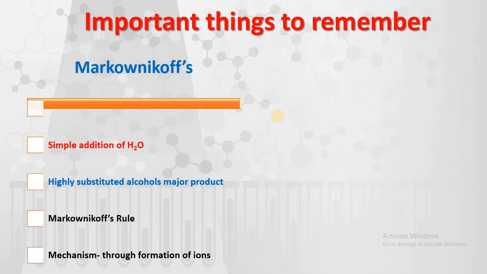Then the mechanism is due to the formation of ions. So what is Markovnikov's rule? According to Markovnikov's rule, the negative part of the substituent is attached to the carbon which contains fewer hydrogen atoms, that is the more substituted carbon. This is Markovnikov's rule.